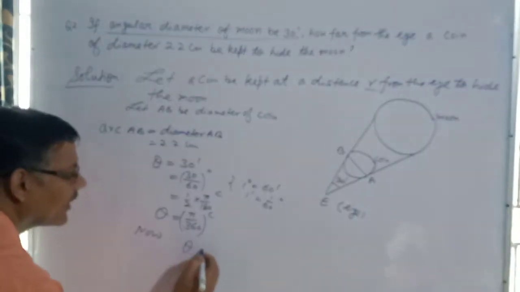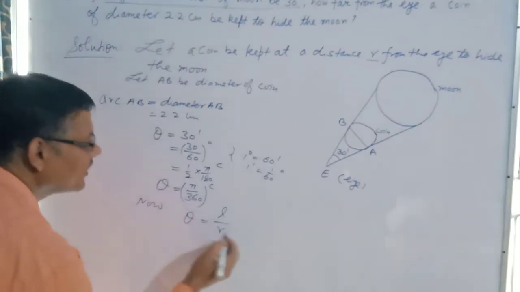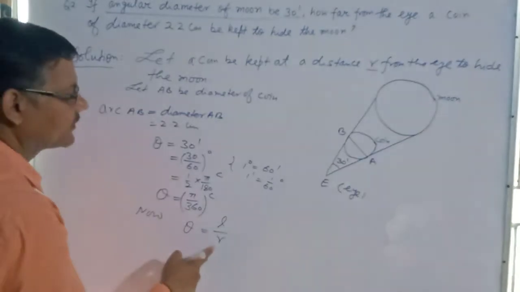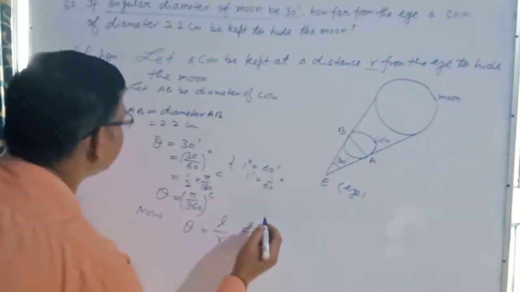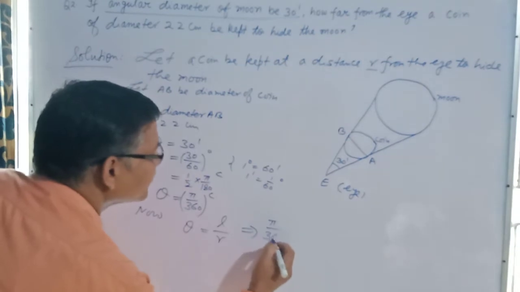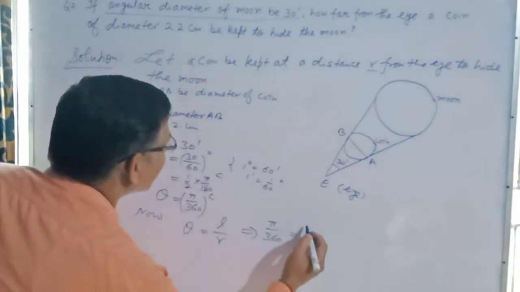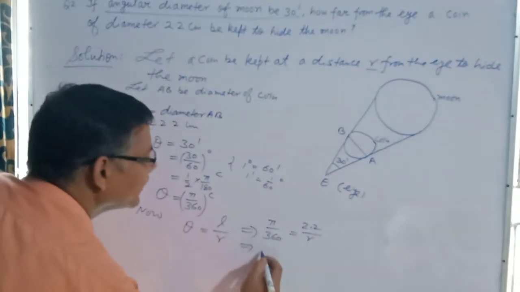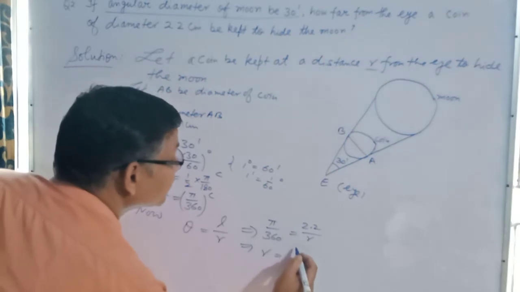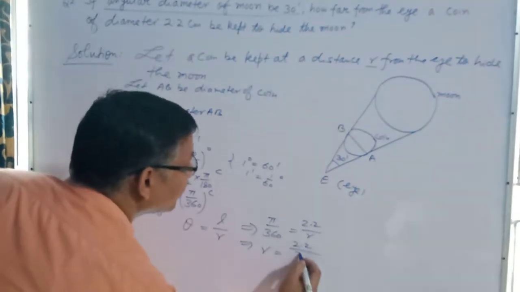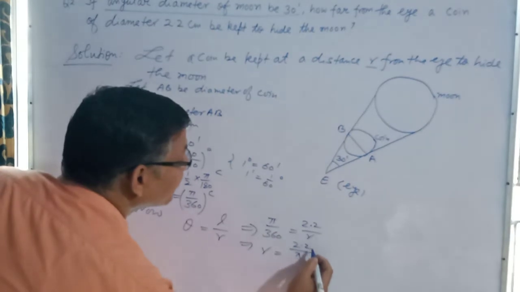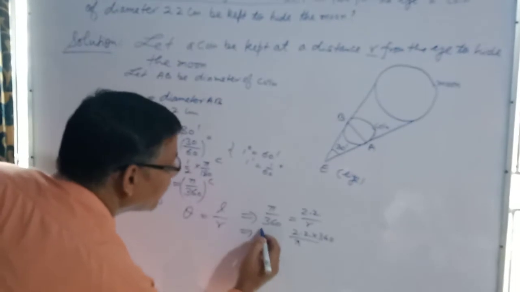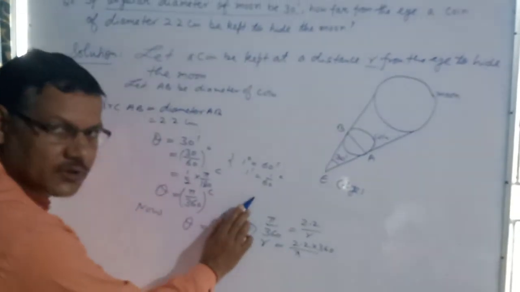The formula is theta equal to L by R. Theta is given, L is given, R we wish to get. So theta, pi by 360 radian, is equal to L, which is 2.2, divided by R. It implies R is equal to 2.2 into 360 divided by pi, by cross multiplication.